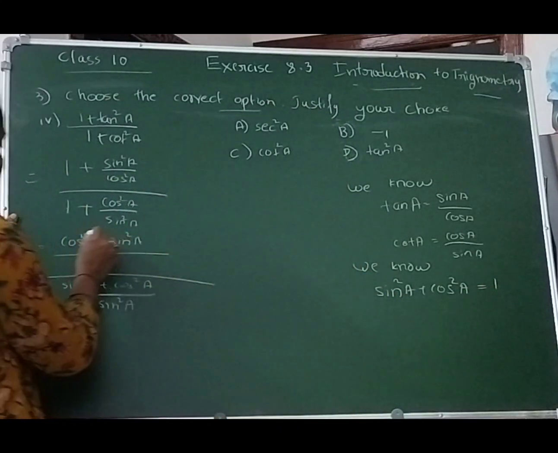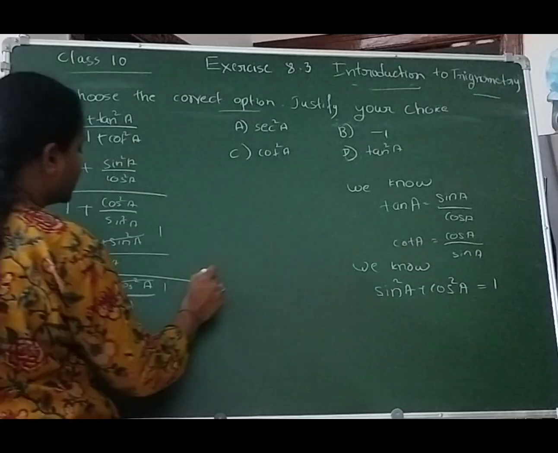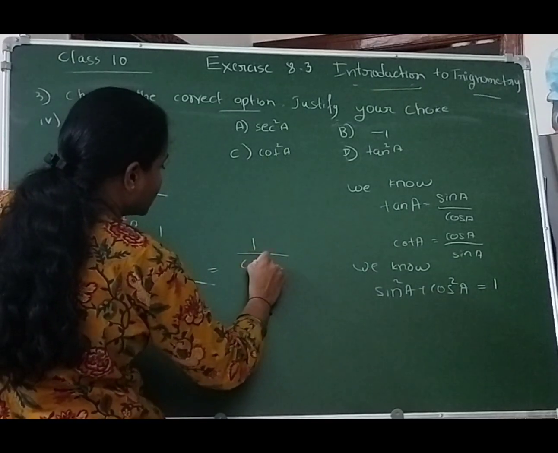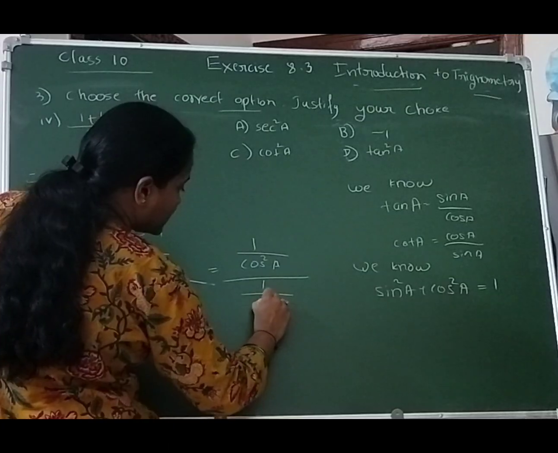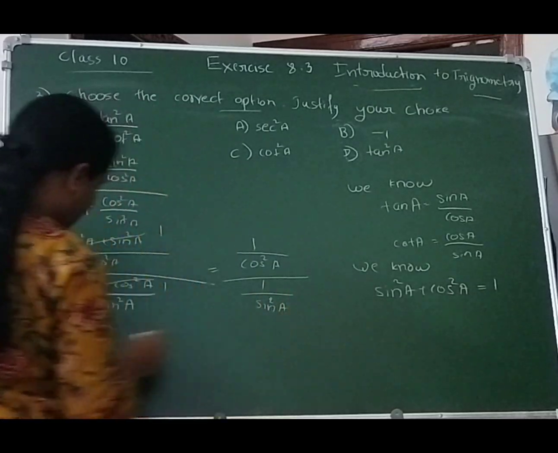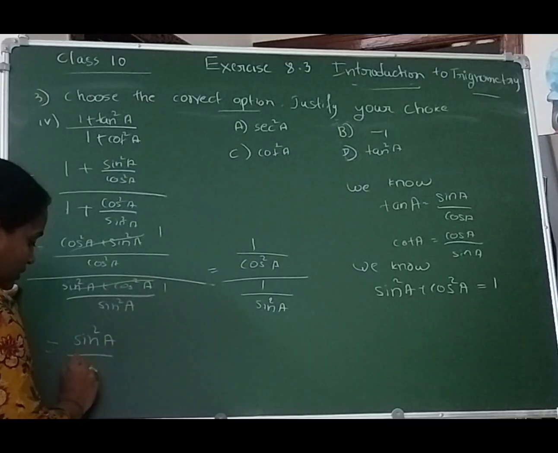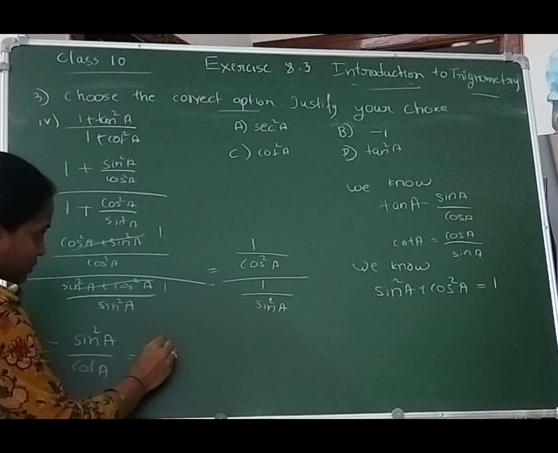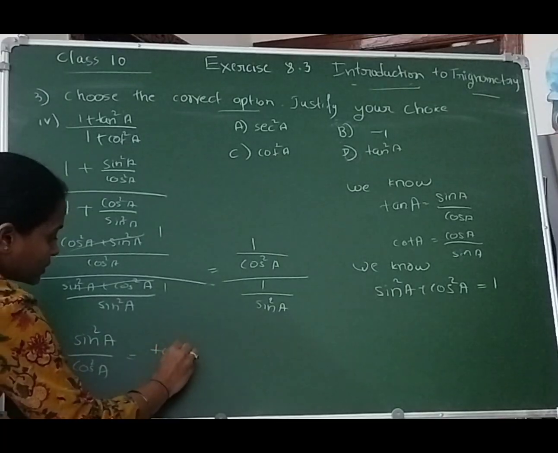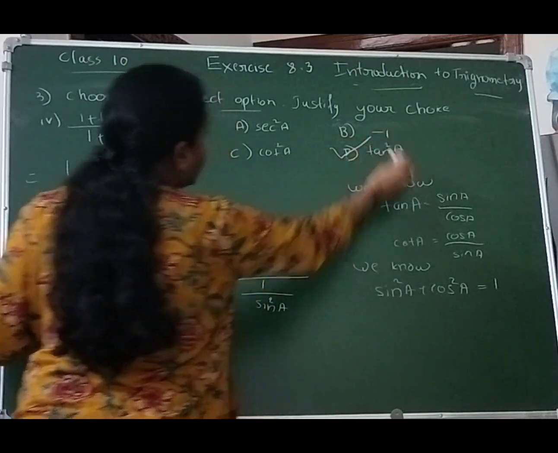So both these terms turn out to be 1. So it will reduce to 1 by cos square A divided by 1 by sin square A, which can be rewritten as sin square A by cos square A. What is sin by cos? We already know it is tan. So sin square A by cos square A will become tan square A. So the option D is right here.